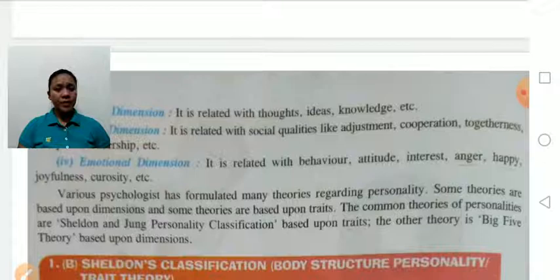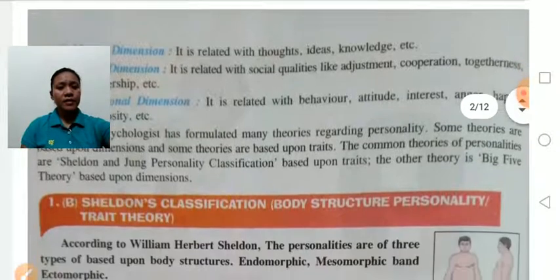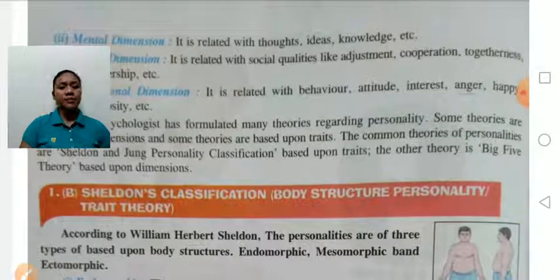Some theories are based upon dimensions and some theories are based upon trait characteristics. Some common theories regarding personality are Sheldon's classification of personality, Jung's personality classification, classifications based on traits, and the Big Five theory based upon dimensions. Let's discuss Sheldon's classification of personality.